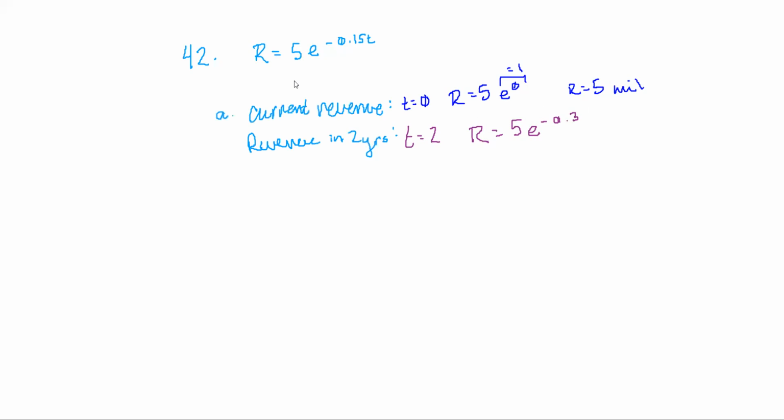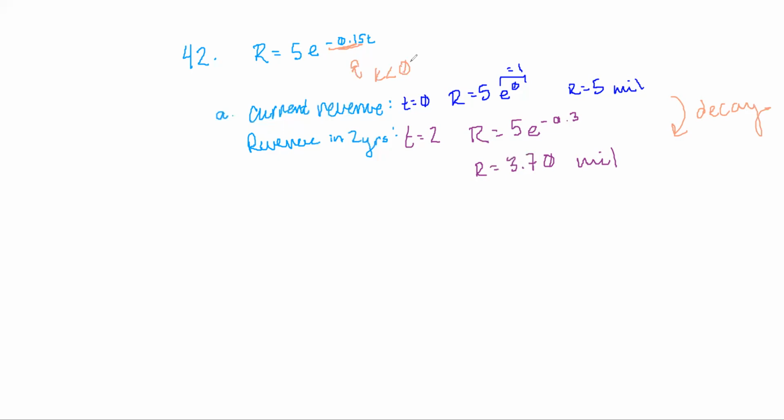So that's e to the negative 0.3 times 5, and that is 3.70. So revenue is equal to 3.70 million. So clearly there's been a decline, which was expected. So decay, given by that negative there. All of that makes sense.